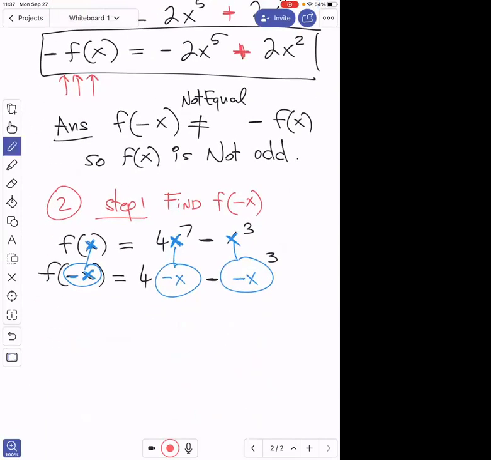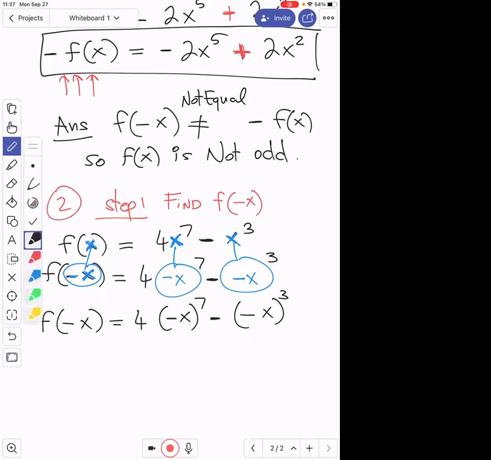I forgot the power 7, sorry. So that will be 4, parentheses, negative x inside the parentheses, power 7, minus, parentheses again, and then this cube. Guys, what you really need to understand is why the parentheses are important.